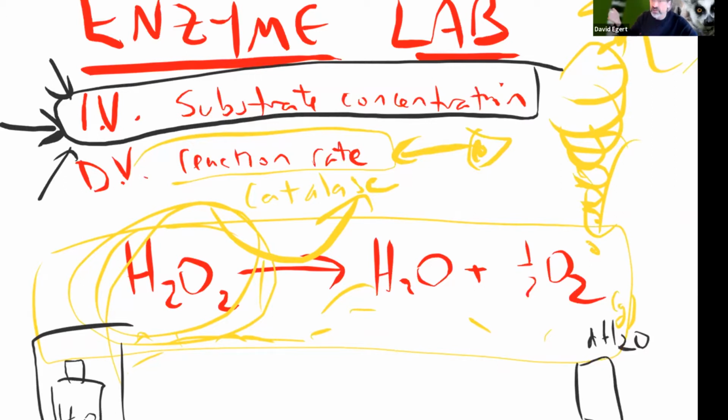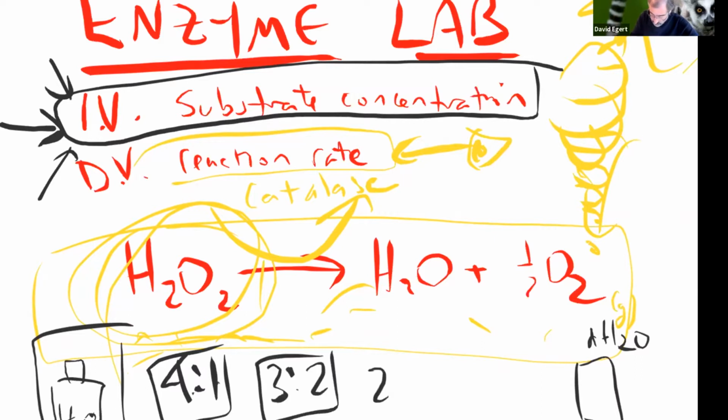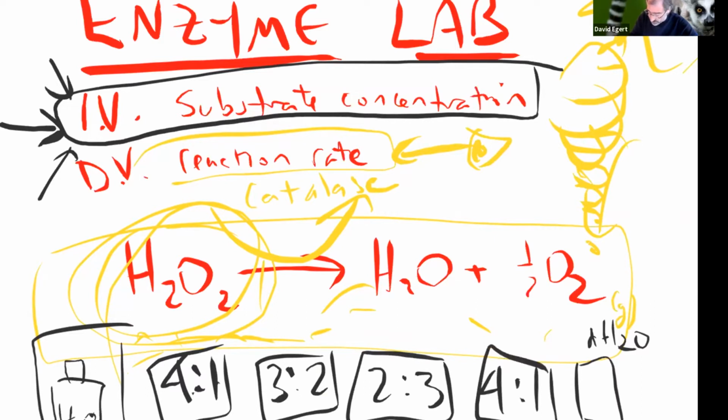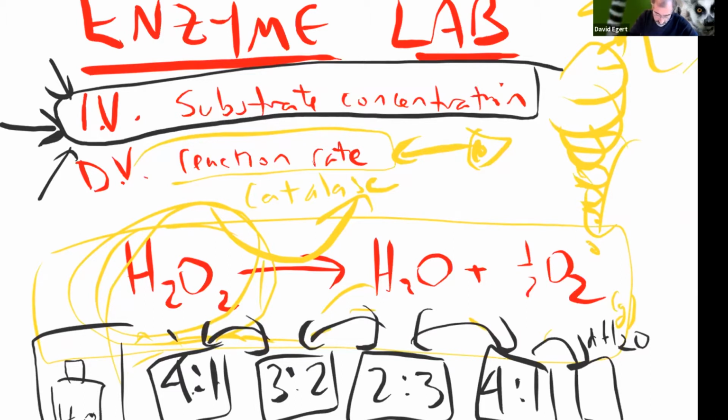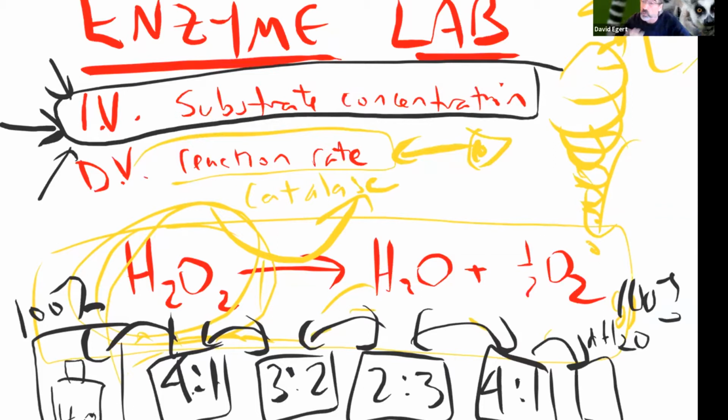And then we'll have a bunch of dilutions, like 4:1, 4 parts of the hydrogen peroxide to 1 part water, 3:2, 2:3, and so on. So we have these different dilutions from 100% hydrogen peroxide to 100% distilled water, and a bunch of dilutions in between.